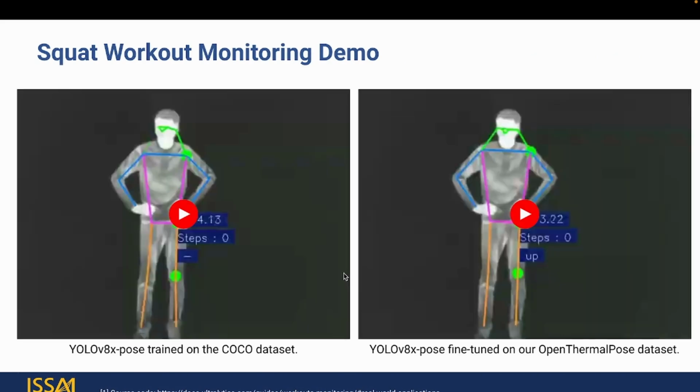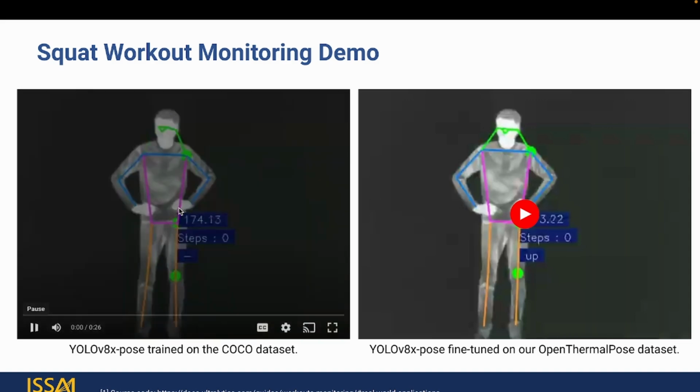Now, squat workout monitoring demo. So first is YOLOv8-Pose trained on the COCO dataset.